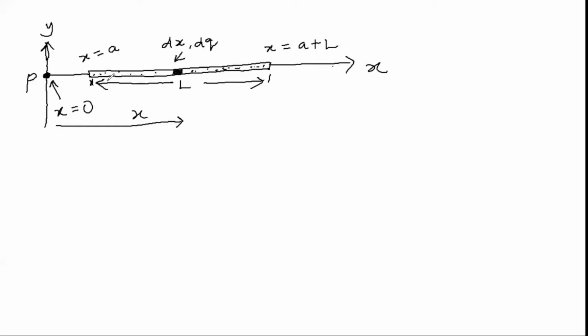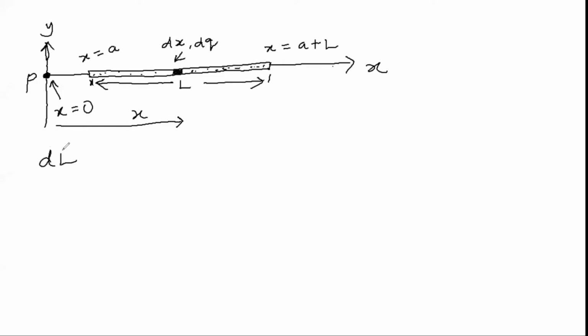Okay, so we have now set up the problem, and we have now to use that procedure that we had outlined before. So we say that at that point there, the element of the electric field, the contribution of the electric field for this element here that has got a charge of dq, we are going to denote it by dE.